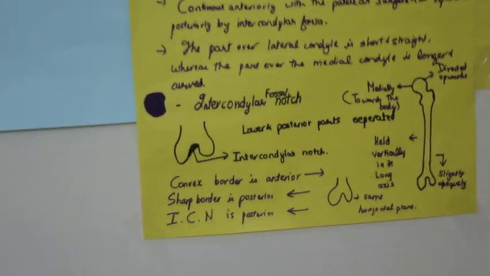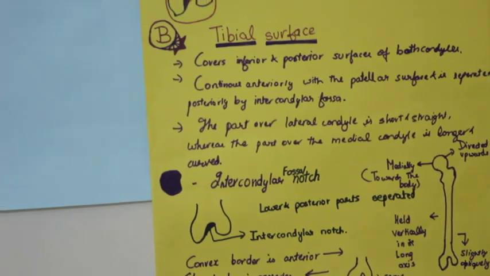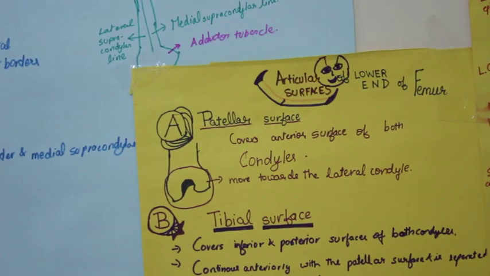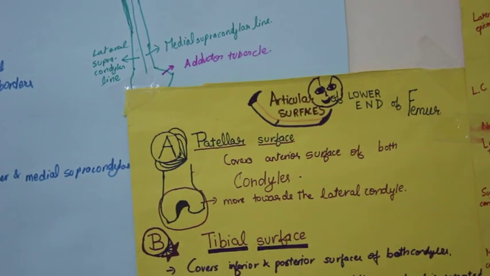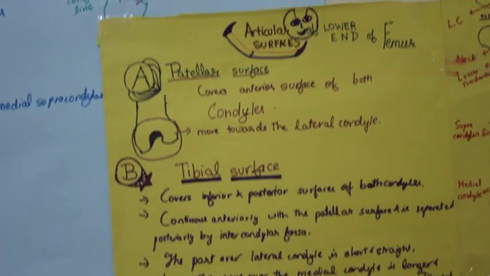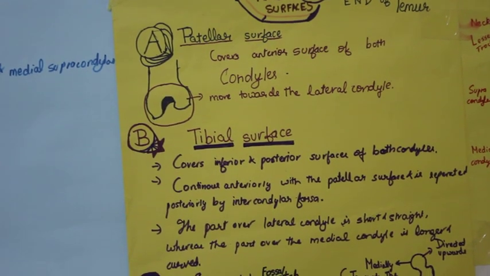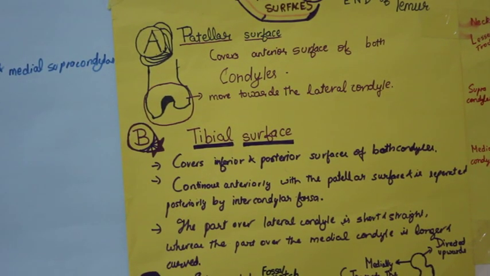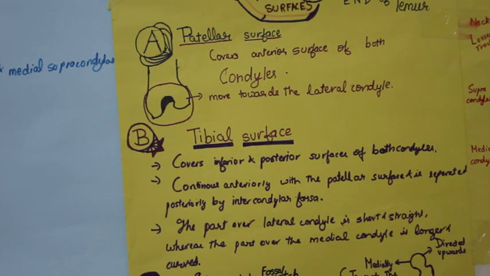So now can you tell me, Abhigya, what are the articular surfaces of the femur? What does the articular surface mean, Bhaiya? Articular surface, I right now explained that anything that joins with anything at a particular area in anatomy is called the articular surface. Okay, patellar surface and the tibial surface. Now tell me, where is the patellar surface located and which side?